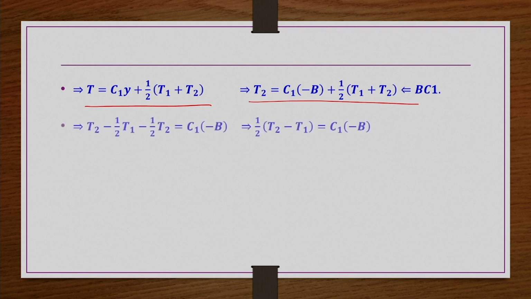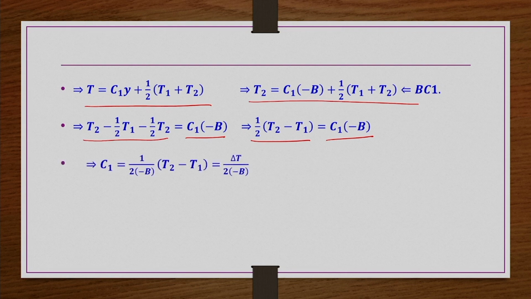From here, if you do the simplification, what will we have? On the left hand side we have all these temperature terms, and on the right hand side we keep C1 times minus b. So T2 minus half T2 is plus half T2, and plus half T2 minus half T1 is nothing but C1 times minus b.